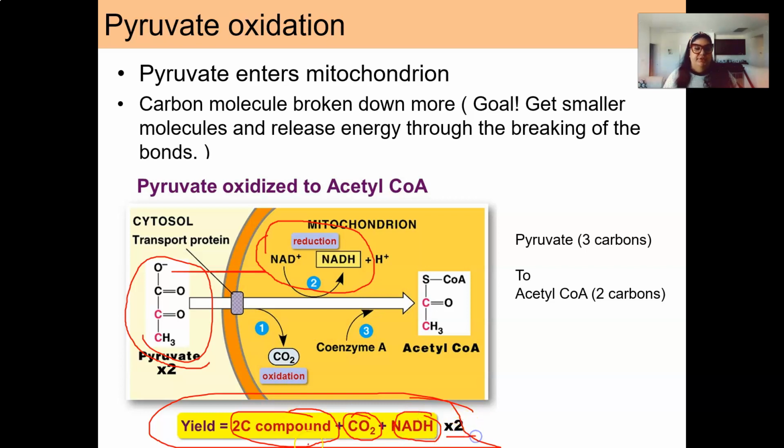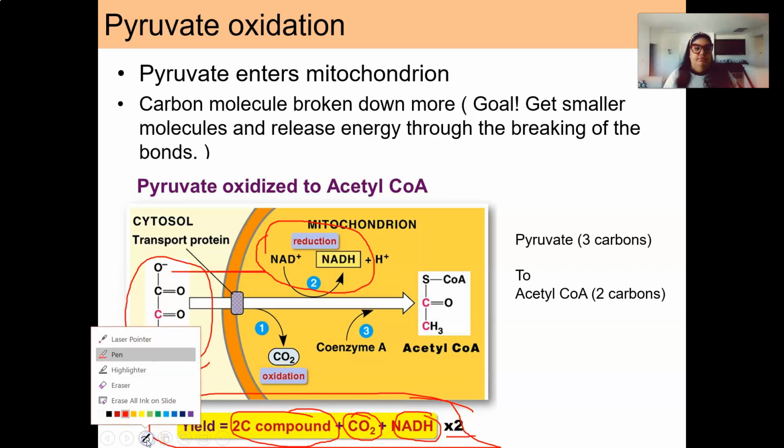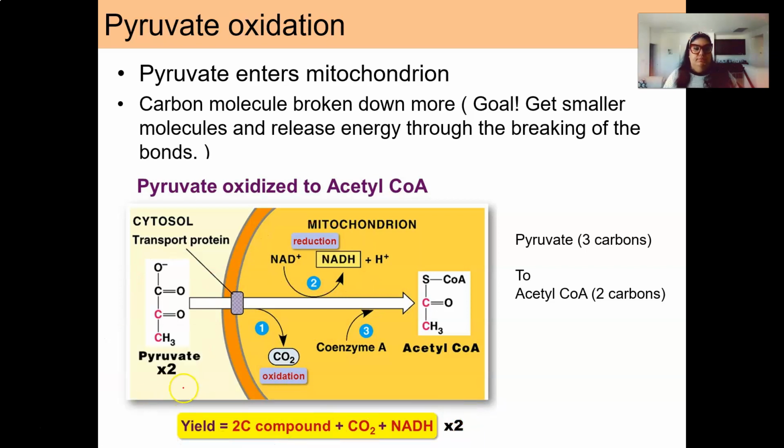See this? Times 2. And this all happens in the mitochondrial matrix. So we go from pyruvate, 3 carbons, to acetyl-CoA, 2 carbons.